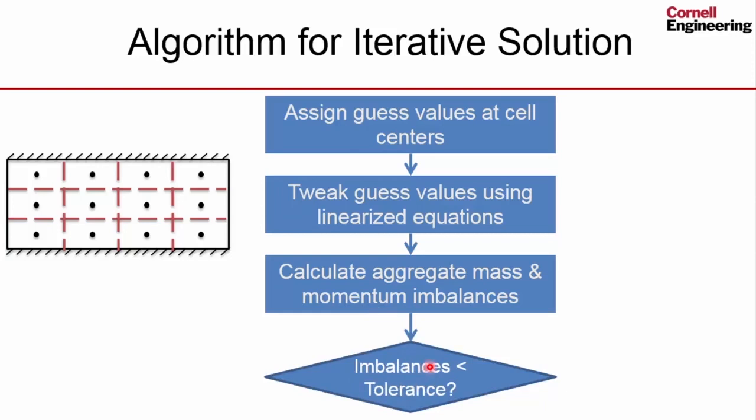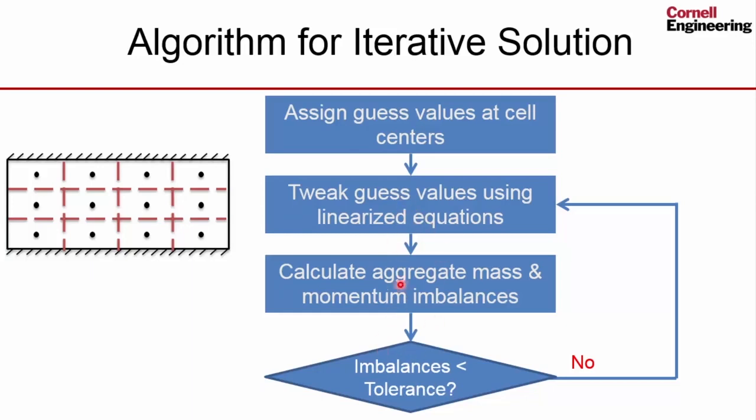And if those imbalances are greater than a tolerance, that means our linearization error is too large, it's not acceptable. And what we have to do is go back and retweak these guess values and recheck if the linearization error has gone down.